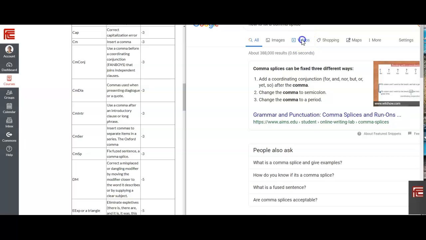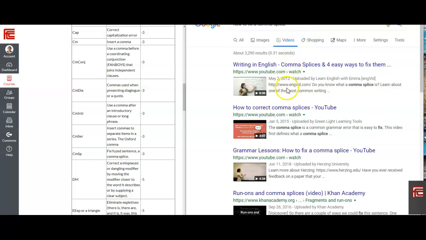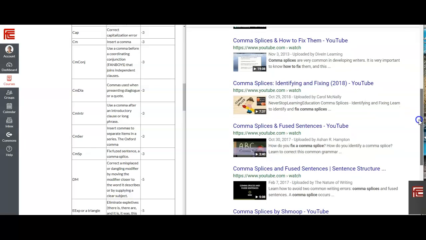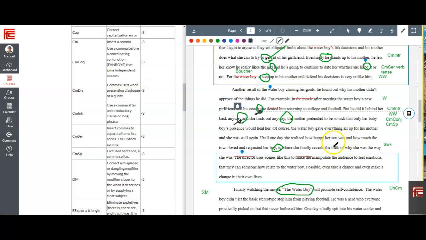We'll come over to videos, and here, how to correct comma splices, how to fix a comma splice. You find the one to listen to until you can understand how to do it. You're going to come on over here and you're going to recognize it says, "but he did it behind her back anyway, comma, and she finds out anyway."